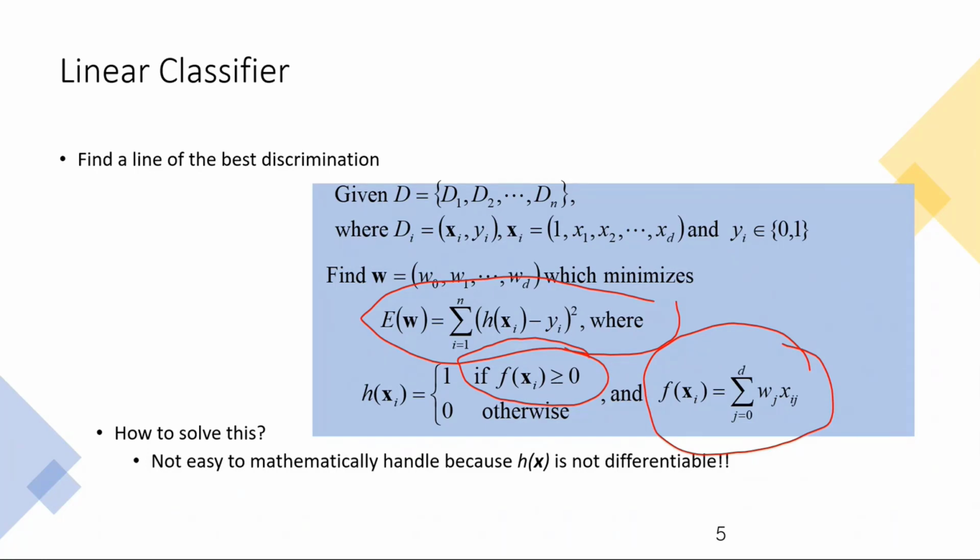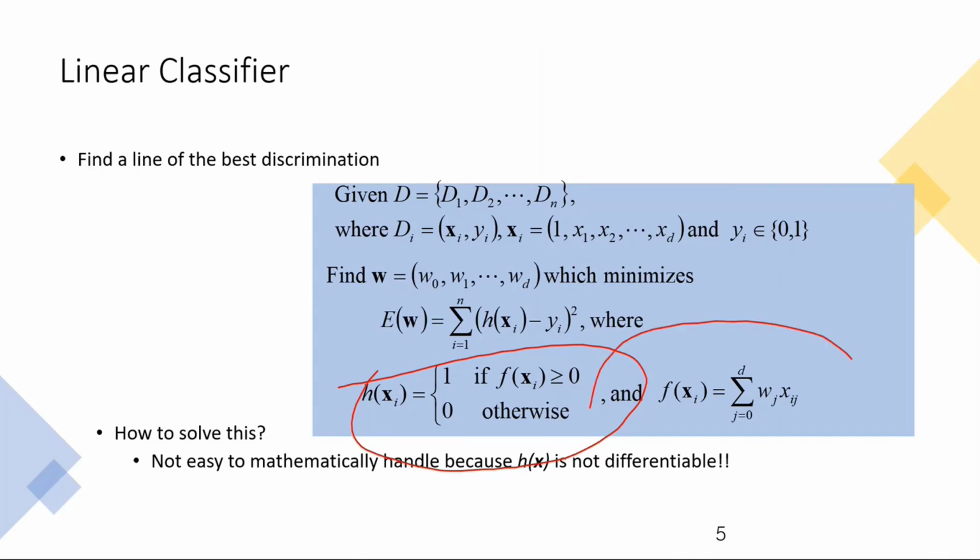Not easy to mathematically handle because h of x is not differentiable. प्रॉब्लम इसमें क्या है, प्रीवियसली लीनियर रिग्रेशन जब आप सॉल्व करते थे W के लिए, इस पॉइंट को थोड़ा सा आप गौर से सुने. ये आपके पास है, this is your classifier and this is your model. लीनियर रिग्रेशन में क्या था कि आपके पास एक एरर फंक्शन आता था, उसका आप पार्शियल डेरिवेटिव लेते थे और उससे आप W की वैल्यू निकालते थे. उस वक्त जो आपका एरर फंक्शन था वो एक कंटिन्यूअस फंक्शन था. अब जो आपके पास लीनियर क्लासिफायर है, it is just digits or a binary result, either 0 or 1. So this 1 and 0 is not differentiable.